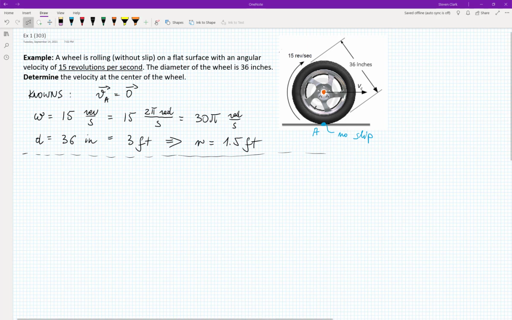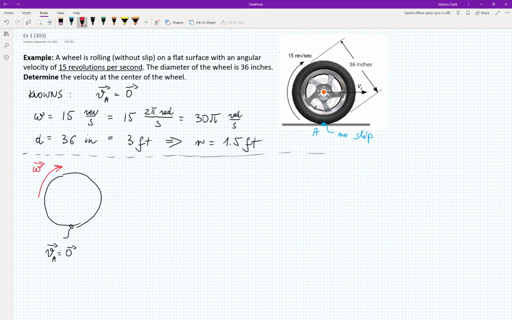Okay, and here is our solution. So we have our wheel. We know that velocity at point A is 0. We know that our omega rotates in this direction. And they ask us to find velocity at this point.